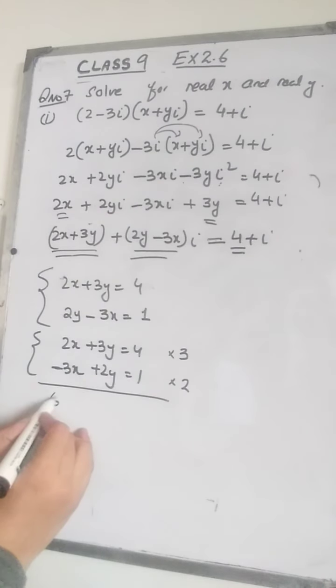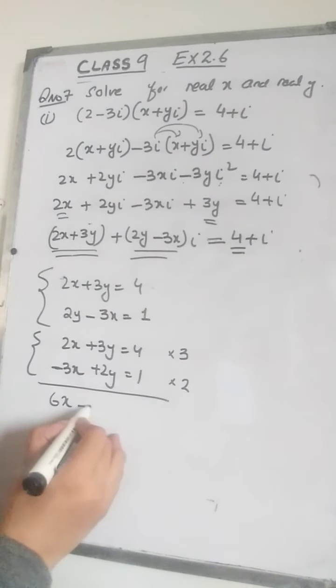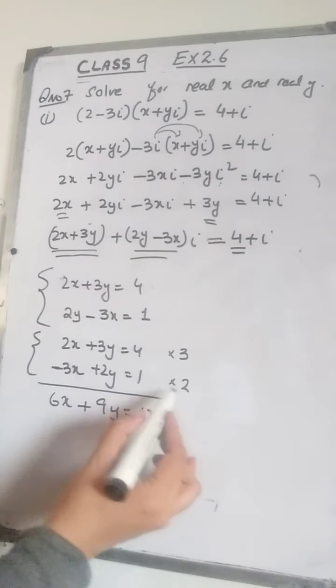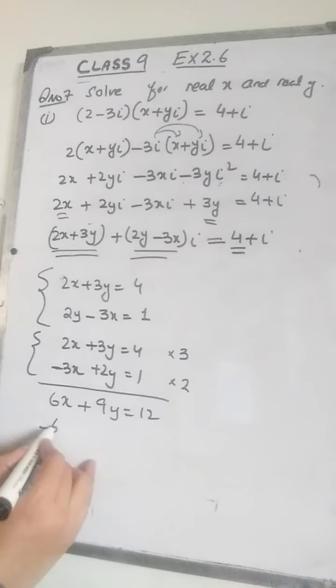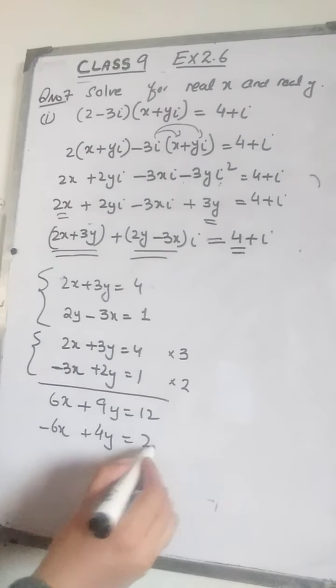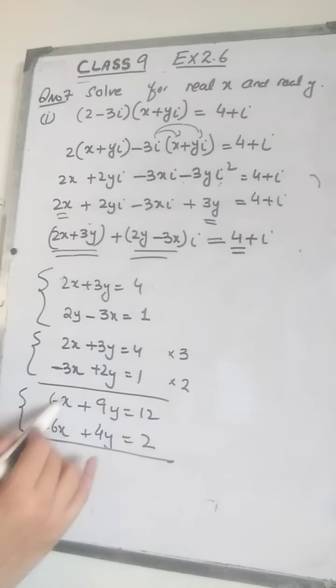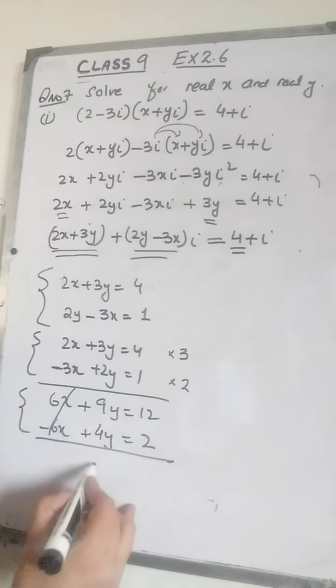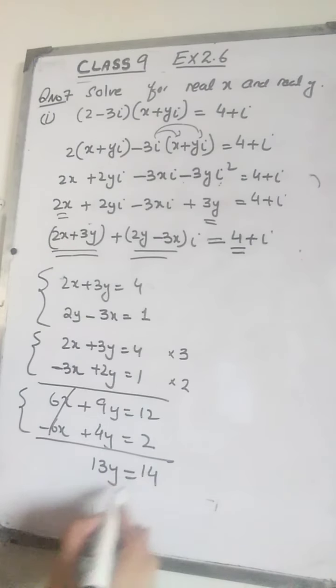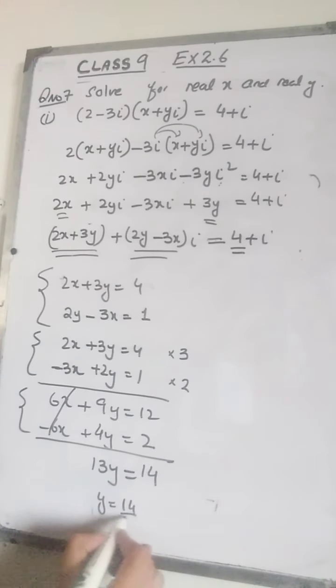This gives 6x plus 9y is equal to 12, and negative 6x plus 4y is equal to 2. Adding these, the x terms cancel out, 13y is equal to 12 plus 2, which is 14. So y is going to be 14 by 13.